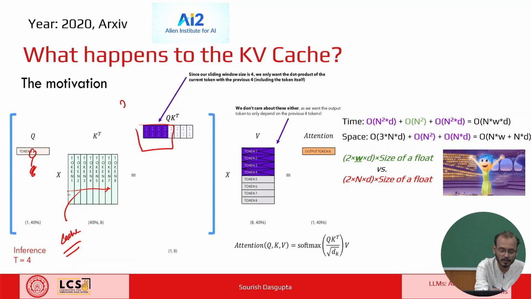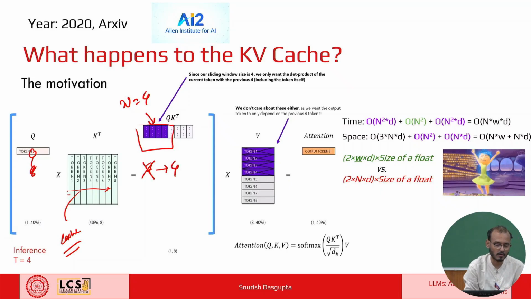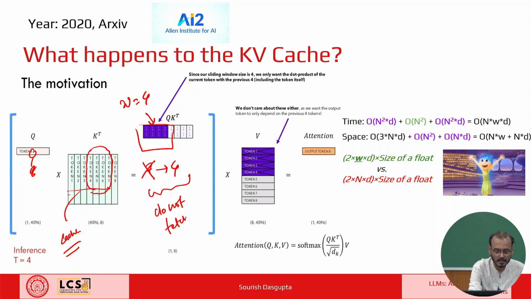If your W equals 4, you don't need all the 7. So instead of 7, you go for 4. Basically 1, 2, 3, 4. This is how much you fetch. You don't fetch everybody. The idea is, do not fetch everyone, but just the W.